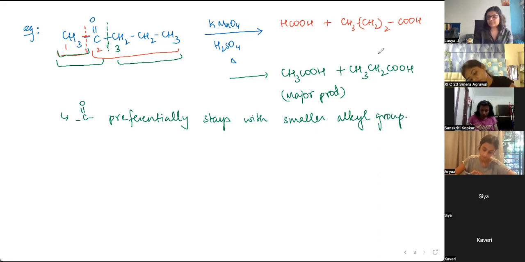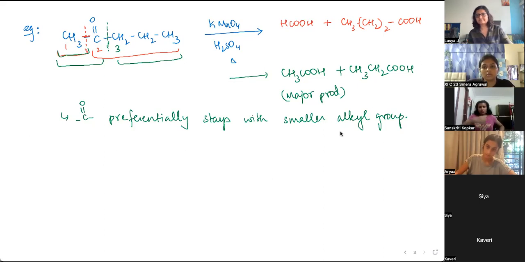It's still going to be a mixture of these acids, but this is going to be slightly on the higher side. It's going to be the major product. So we will have all 4 as products. You're going to get a mixture of all of these.